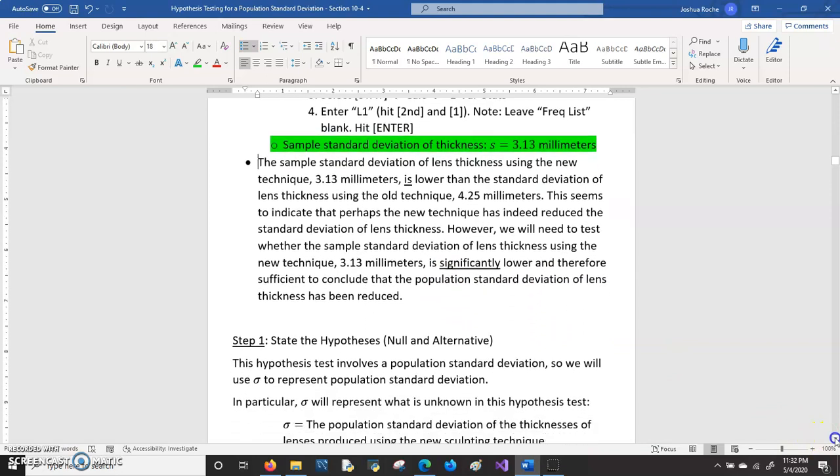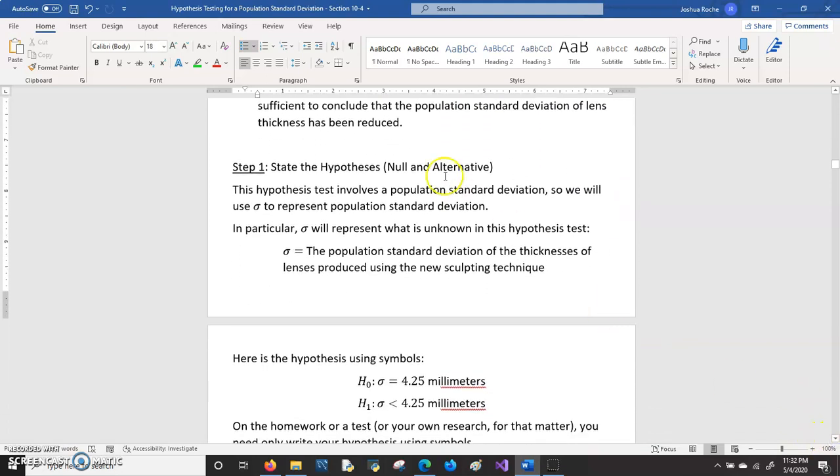Step 1 is to state the hypotheses, both the null and the alternative. This hypothesis is involving a population standard deviation, so we'll use sigma to represent the population standard deviation, and in particular, sigma represents what is unknown in this hypothesis test.